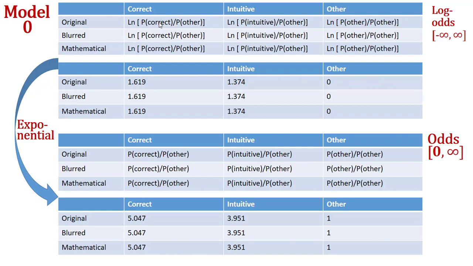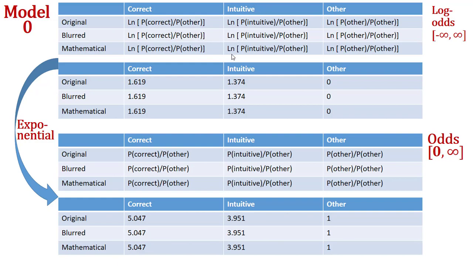We are always going to use one of the types of responses as a reference value of the dependent variable. In this case we use other as the reference. So when we calculate these log odds, for correct it would be the logarithm of the probability of correct over the probability of other.